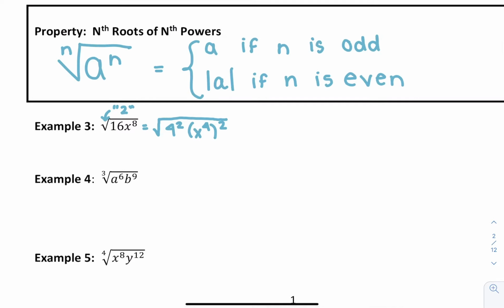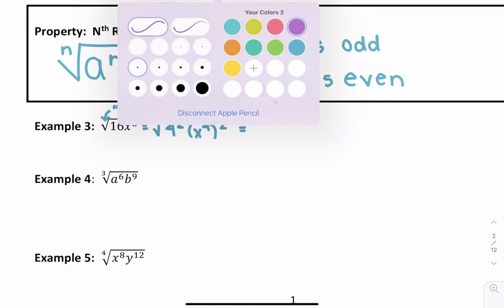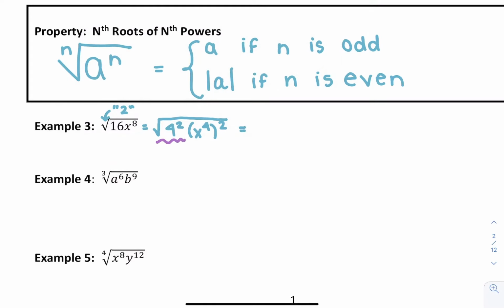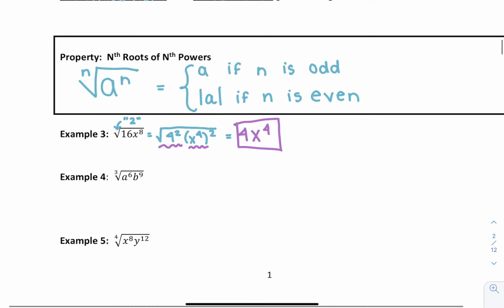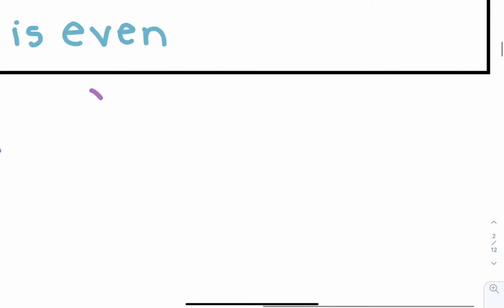So the square root of 4 squared, if I look at my property, is just 4. The square root of x to the 4th squared is just x to the 4th. So this is how this property comes into play. In general, for an index of 2, you might want to write this down: the square root of x squared, or some number squared, is just x.